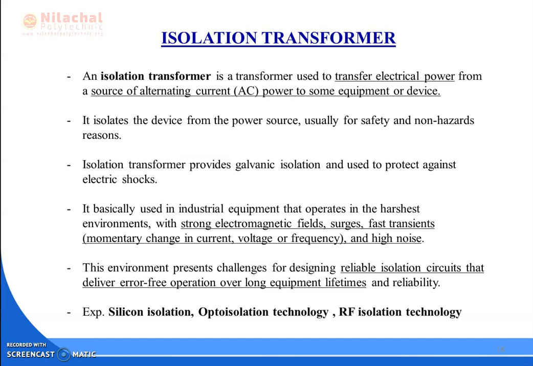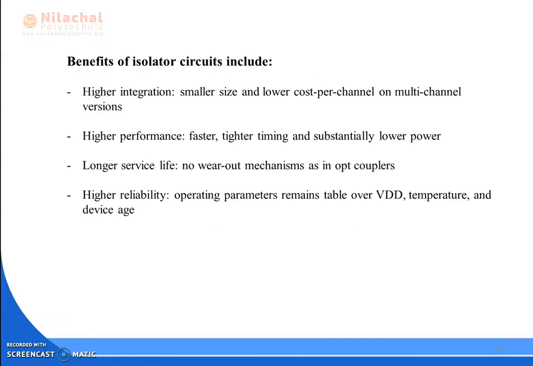So basically the main advantage is we get a safe and non-hazardous effect on the system. Besides that, there is higher integration, it is smaller in size, lower cost per channel, and multi-channel versions are also one of the popular advantages of isolation circuits.